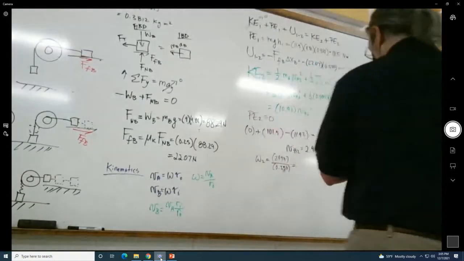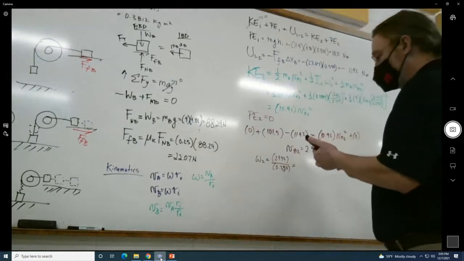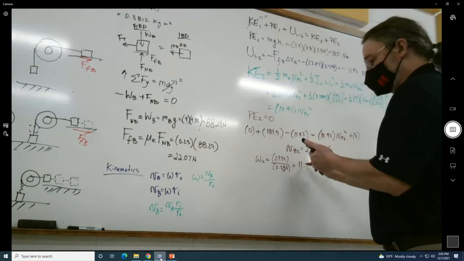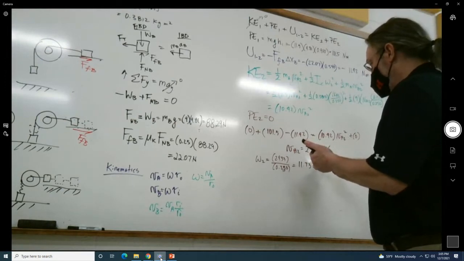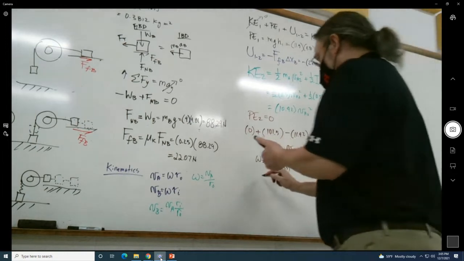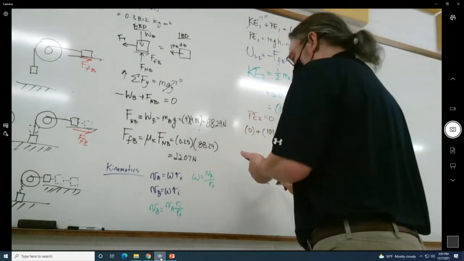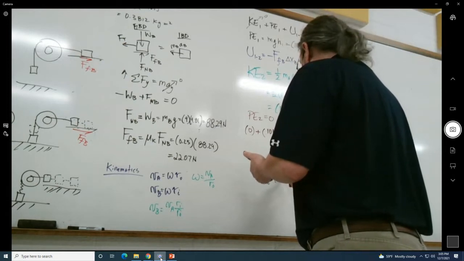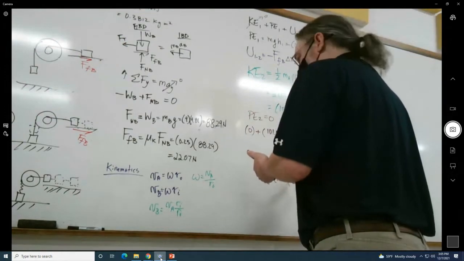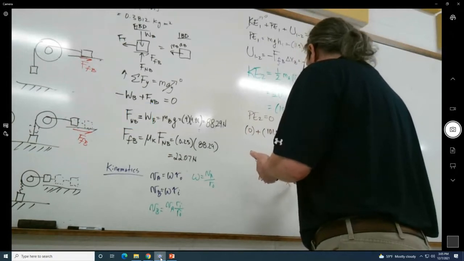2.933 over 0.25, so we get that this is 11.73 radians per second. We'll also find that V2 is going to be our 2.933 times 0.15.